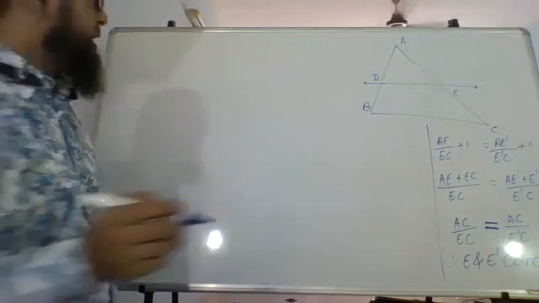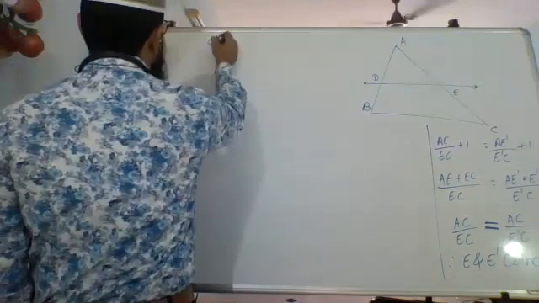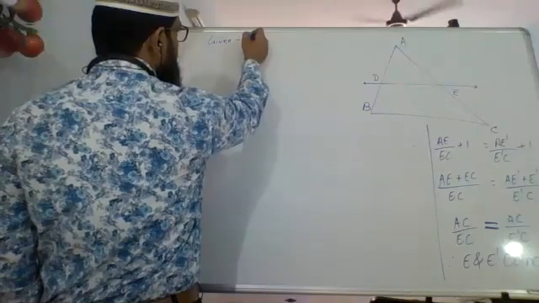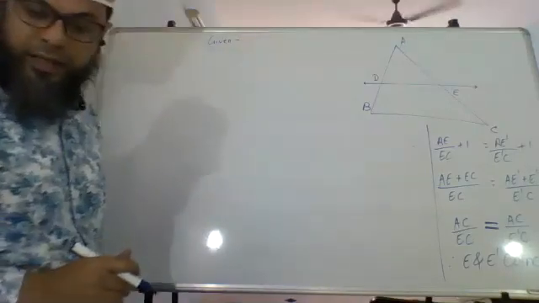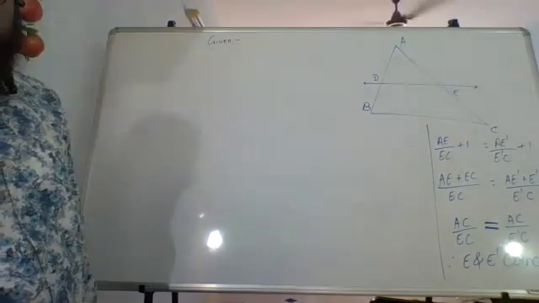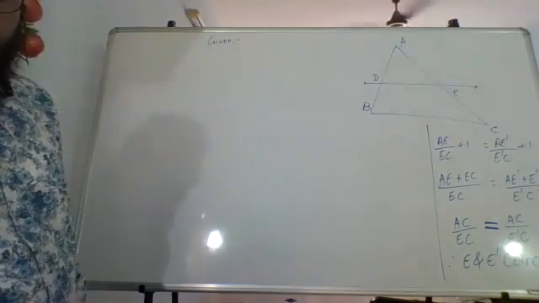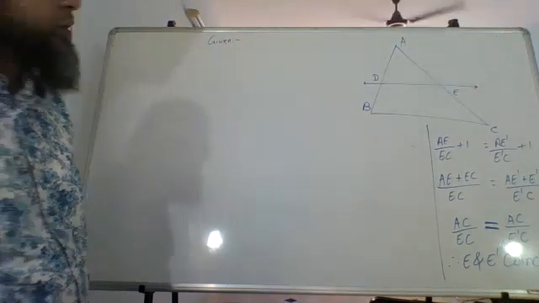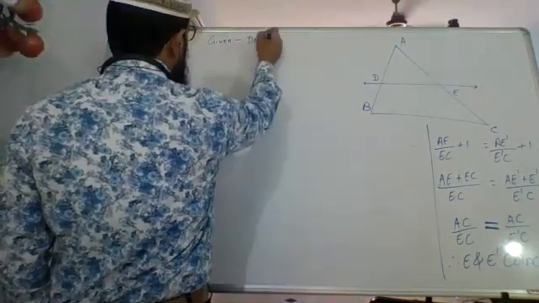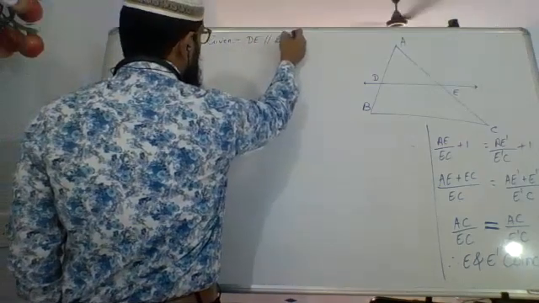If a line intersects AB and AC of triangle ABC at D and E respectively and is parallel to BC. Given DE is parallel to BC.